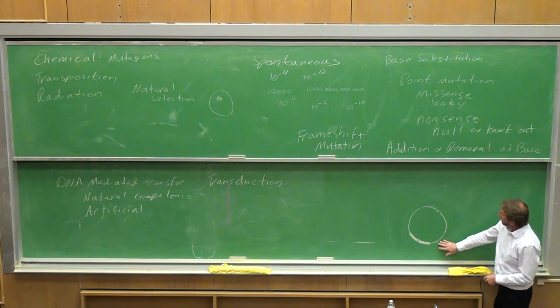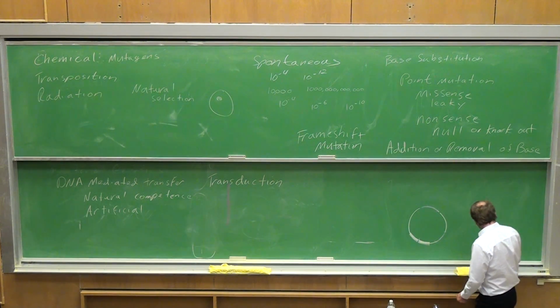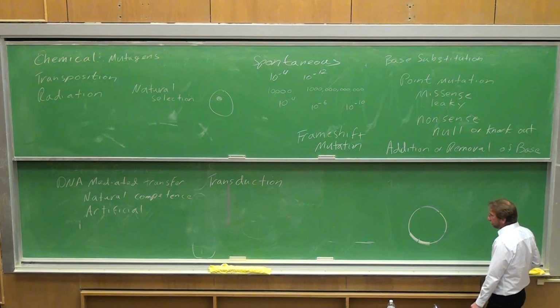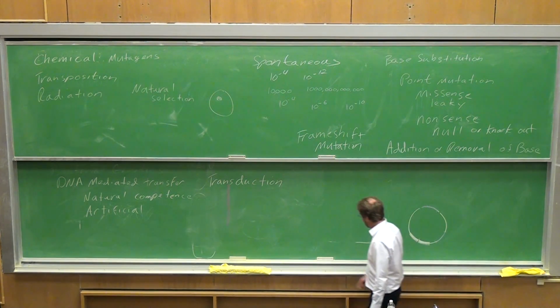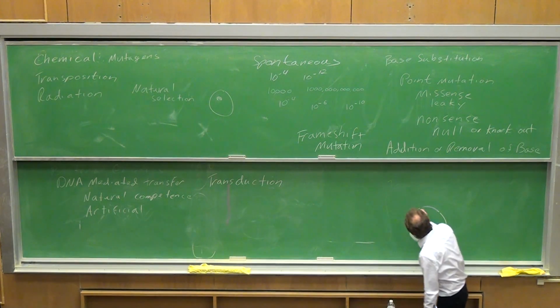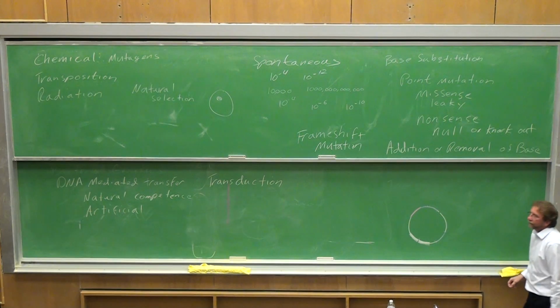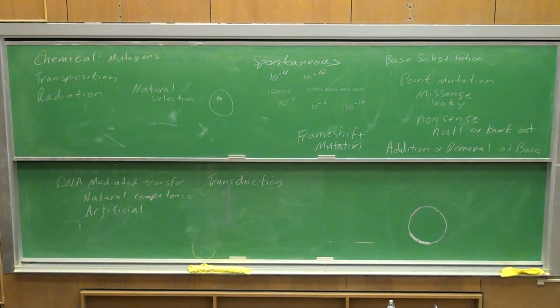So again, here's our bacterial sequence, and a virus infects the cell, a phage infects the cell. I need more color chalk, I'm sorry. And it inserts itself right here, okay? So this phage inserts itself in this DNA sequence.